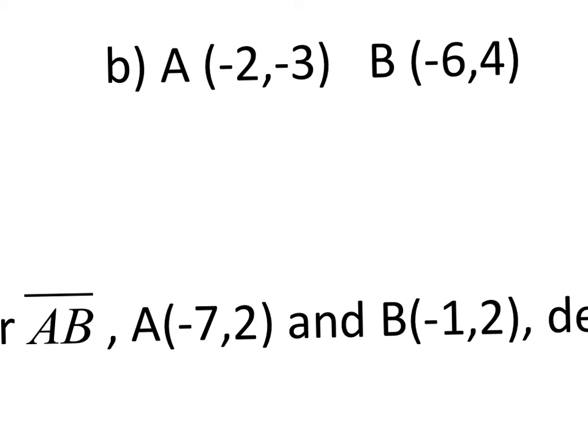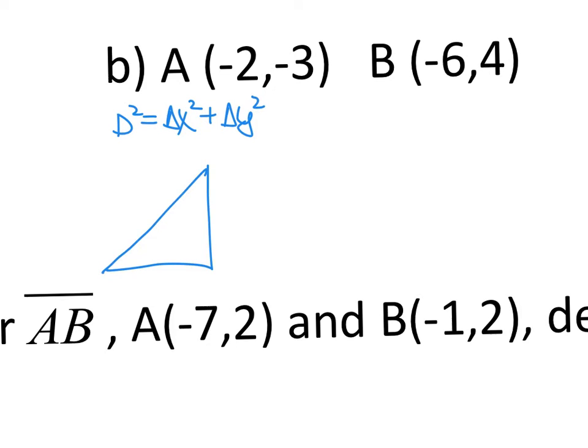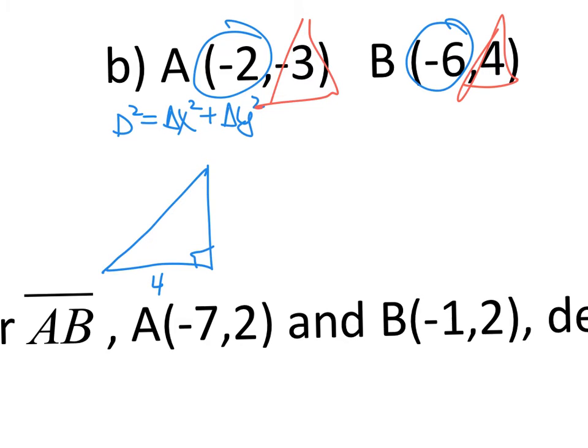Doing this problem, the distance squared is the change in x squared plus the change in y squared. So that's Pythagorean theorem. Drawing out a triangle at the same time. The change in x goes from negative 2 to negative 6, so that changes by 4. The y values go from negative 3 to 4, which is actually a change of 7.